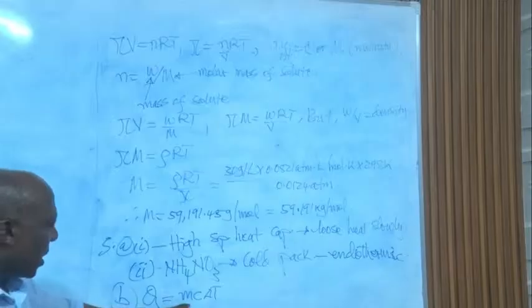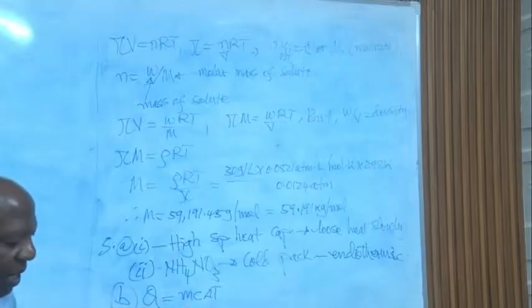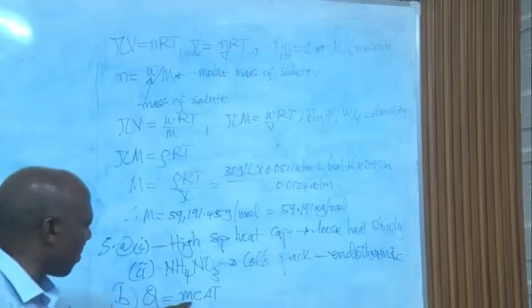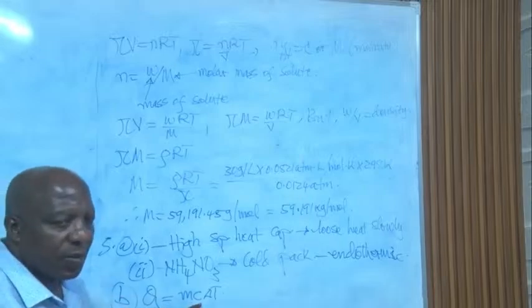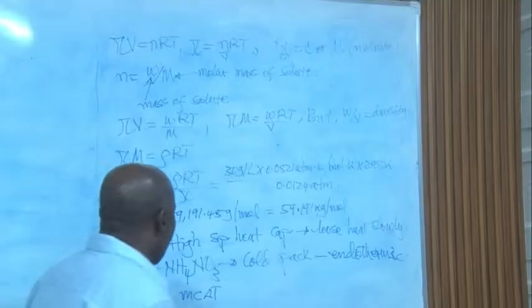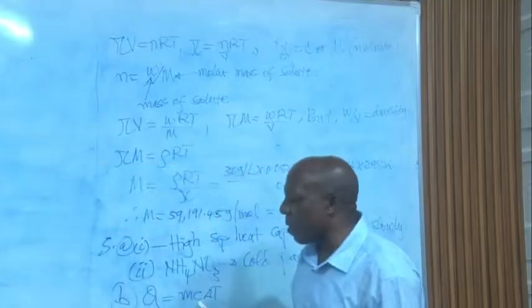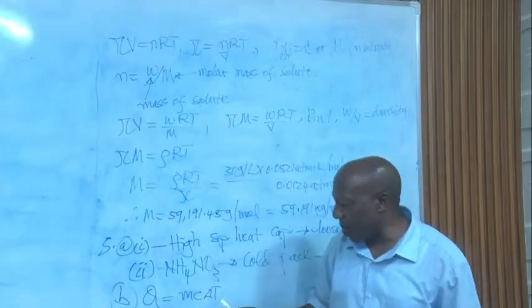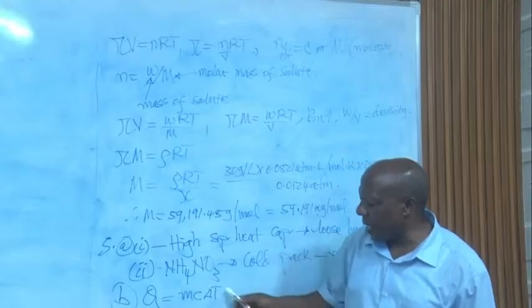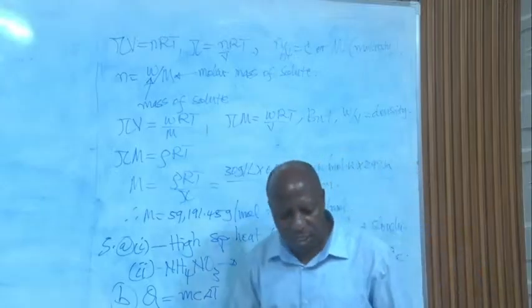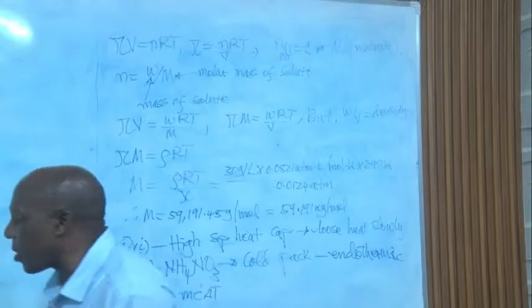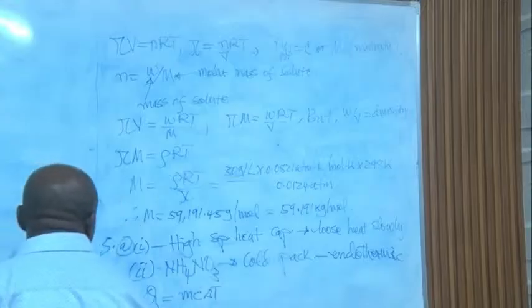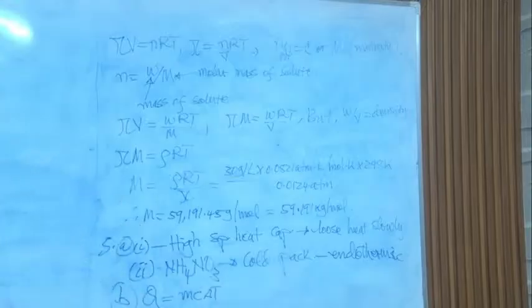M stands for mass of the material, in our case 1 gram of water. C is the specific heat capacity of the material, in our case 4.2 joule per gram per degree centigrade, and delta T stands for temperature change. According to our question, the temperature change is 10 degrees centigrade.